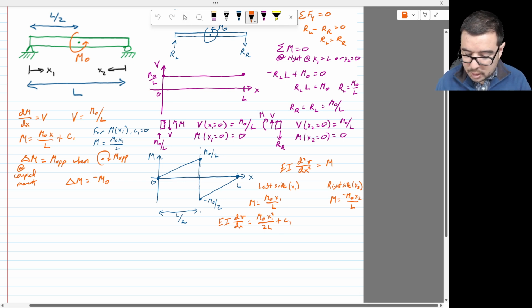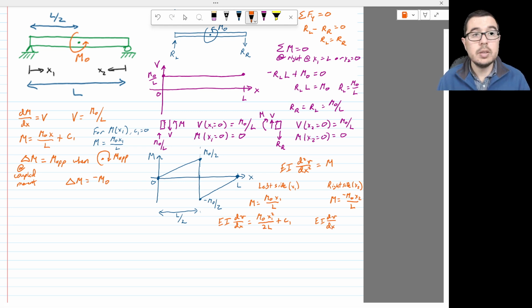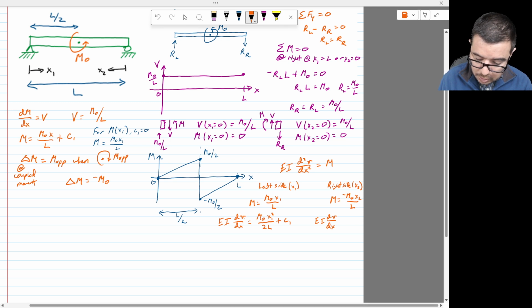And then over here on the right side, we're going to have EI displacement, and we'll say that's a little v1, this is going to be a little v2.